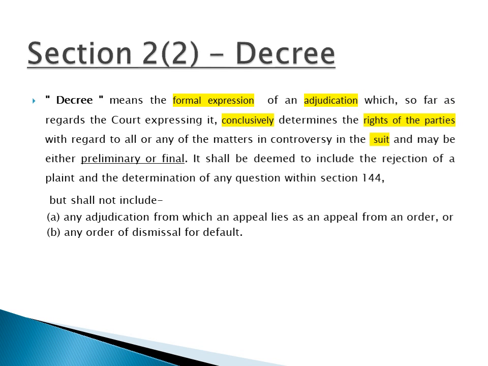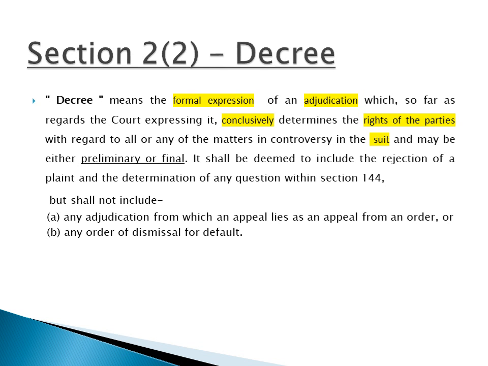It shall be deemed to include the rejection of a plaint and the determination of any question within the section 144, but shall not include any adjudication from which an appeal lies as an appeal from an order or any order of dismissal from default.